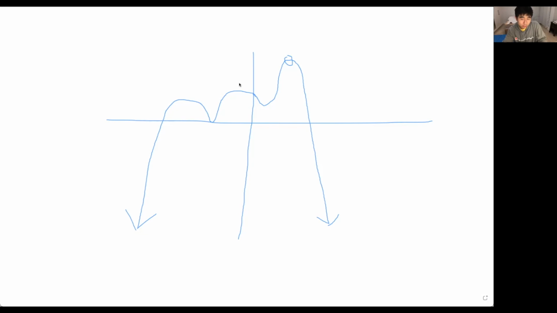It would be this point over here, because anything to the left around that point is lower than it, and anything to the right around that point is lower than it. And it's the second highest point on the graph. So this is the relative or local maximum. So yeah, that's basically what absolute maximum and minimums and relative or local maximum and minimums are.